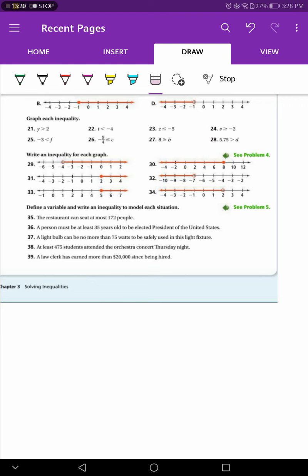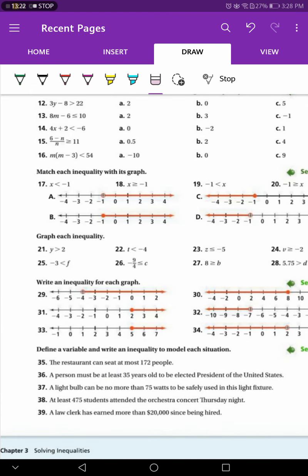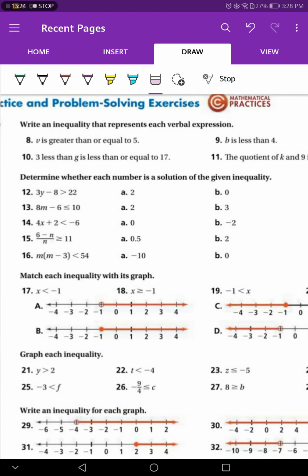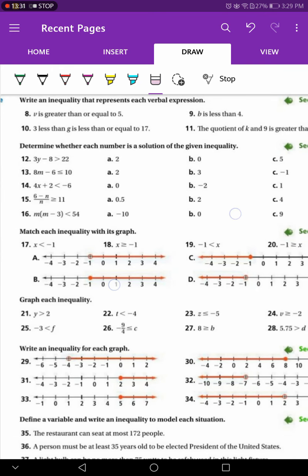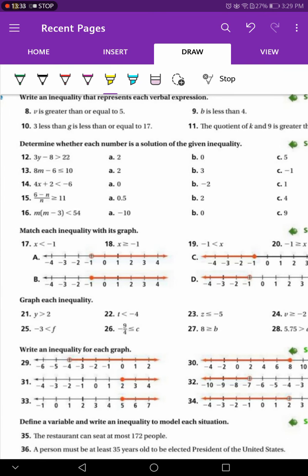Now let us move to another question, the last question here. Determine whether each number is the solution of a given inequality. We can do it in two ways. The first way, it asks me to determine whether these values are solutions of this inequality. What does solution mean, Rayyan?